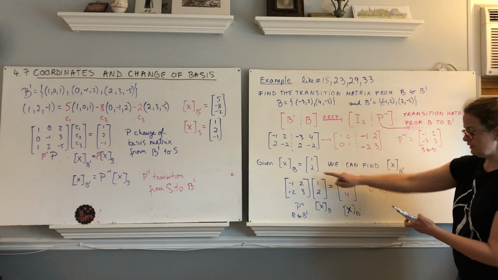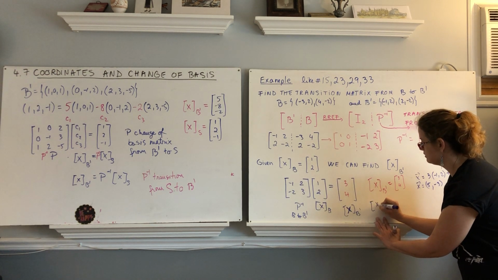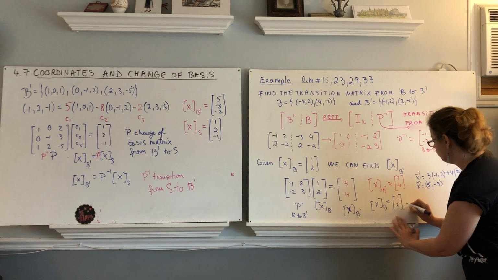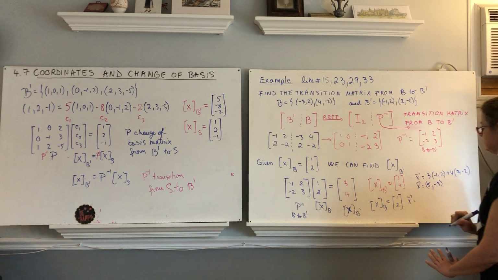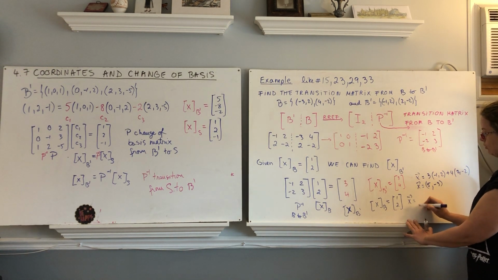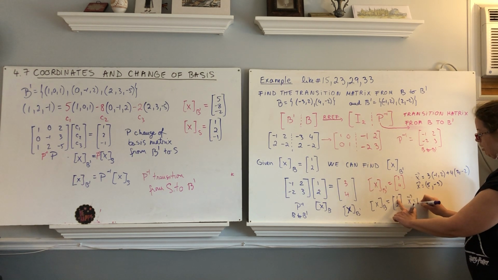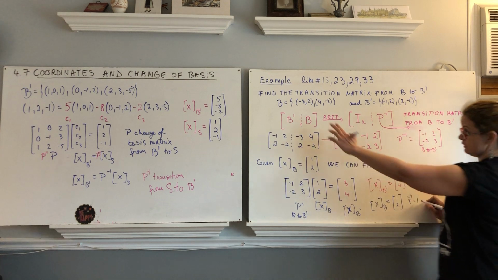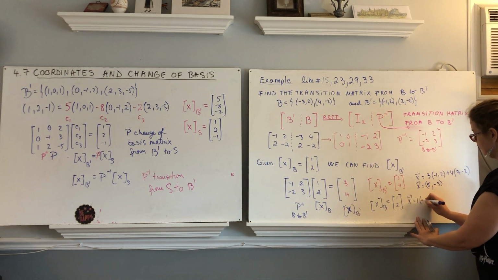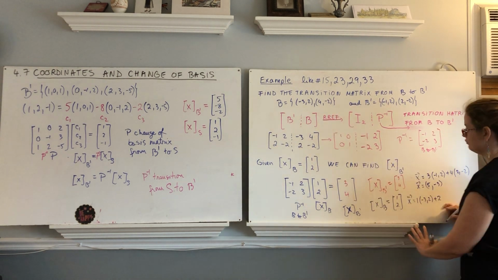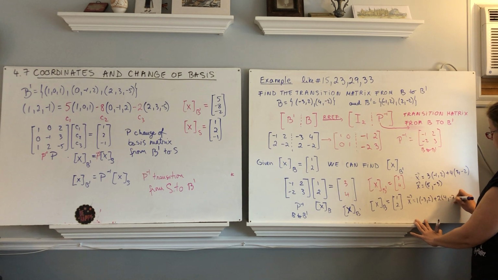Here I was told that the coefficients of x with respect to B were 1, 2, which means the coefficients of the vector x are going to be, let's see, 1 times v1 in B, so that's -3, 2, plus 2 times the second vector of B, that's 4, -2.